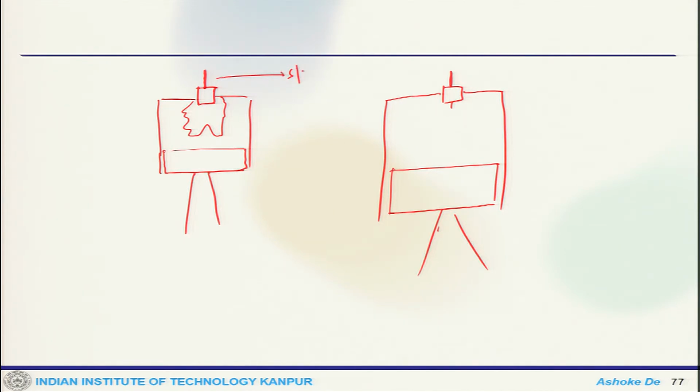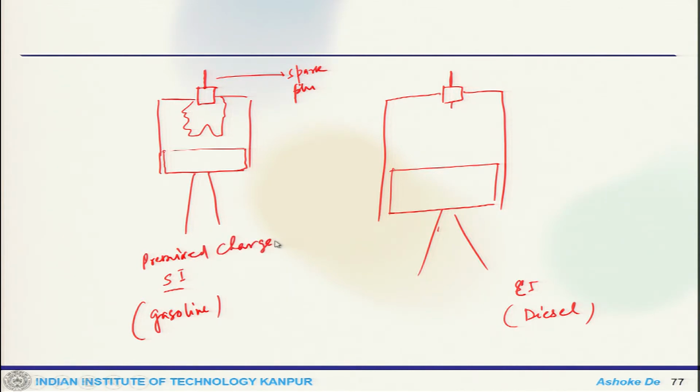So, here this is spark plug, this is my SI engine or gasoline engine, and this is my CI engine. This is spark ignition engine, this is compression ignition engine. So, this would be your gasoline, this is diesel. This is your premixed charge and this is non-premixed charge, and this could be your flame surface.